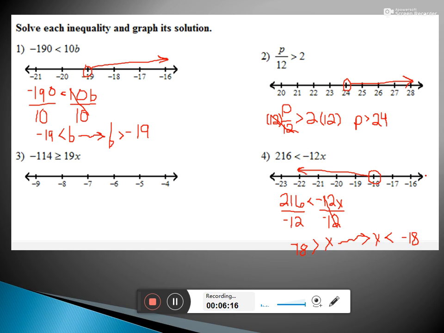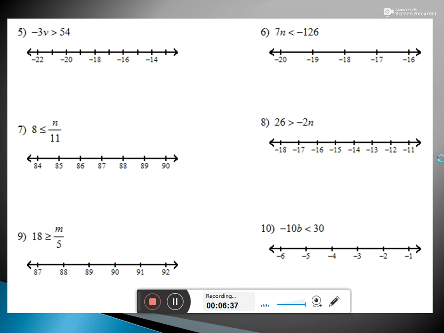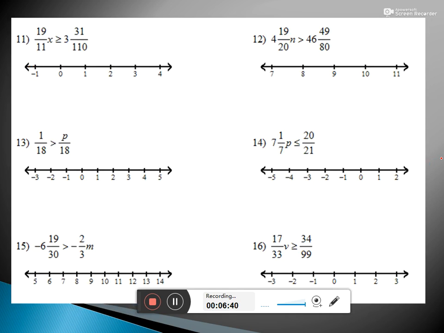So all these numbers to the right of negative 18 aren't going to work because they don't make the original inequality true. But because we've switched it, we're good to go. If we didn't switch our less than sign to a greater than sign, we would be shading to the right, which would throw us off. And we'll do more of those in class tomorrow as well.